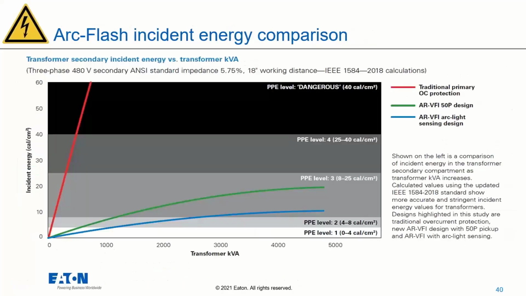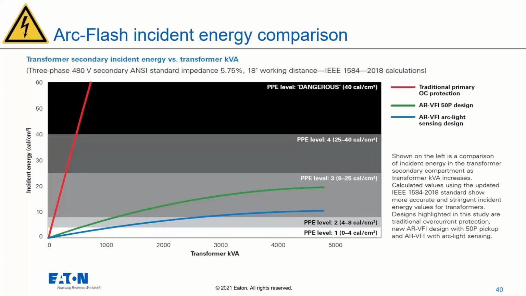But if we do look at the incident energy comparison, the ARVFI standard is the green line, and the one with arc light sensing is the blue line. If you're trying to stay in that PPE level 2, you can get up to about 2500 kVA with arc light sensing and still be in level 2.